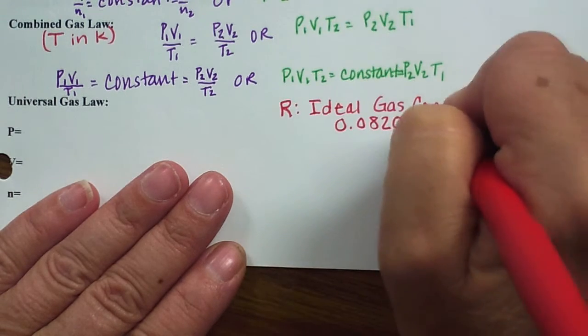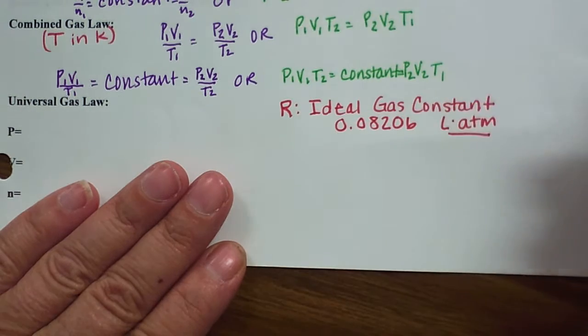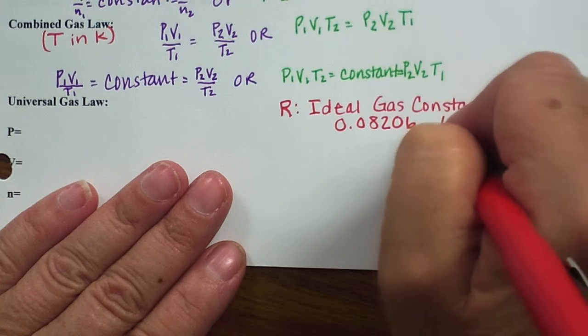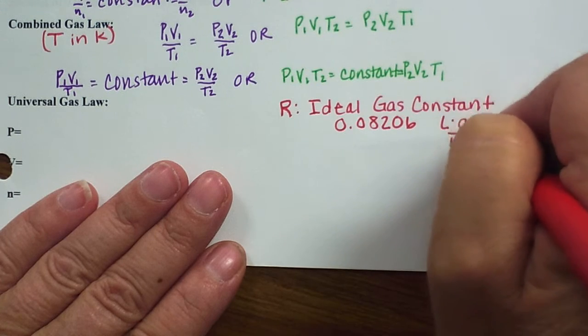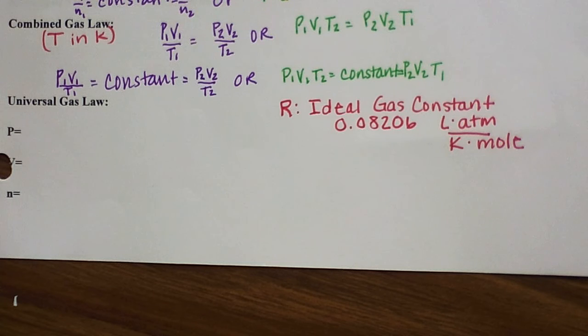And the units are liters atm over Kelvin mole. That's the one we used last year and the year before, and that's still the one we use. Now, when you get to college, you'll learn a couple other ones, but this is the one that we still use.